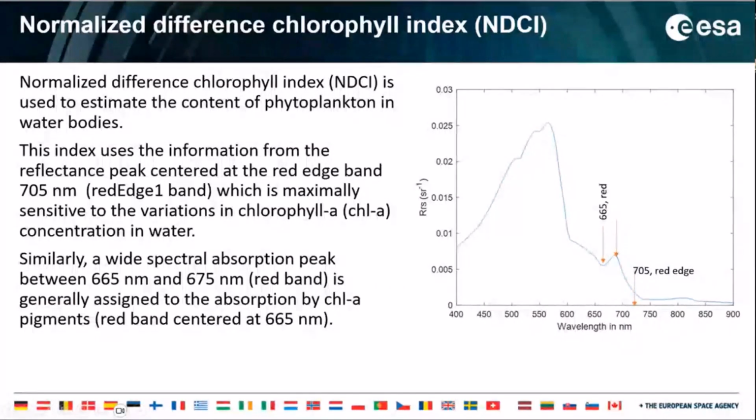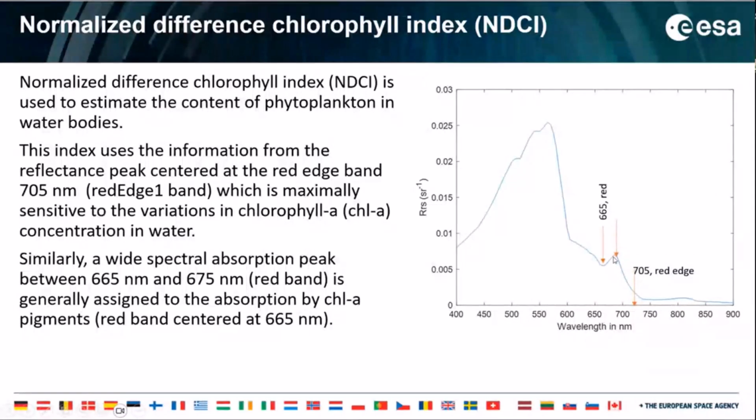So the whole idea of this index is to use the peak in the red edge and the dip, which is caused by the absorption of this green pigment, chlorophyll A, at 665, and then try to build an index. As you see here, this is a spectrum of a water loaded with chlorophyll. In this case, the red edge band is higher than the red band.